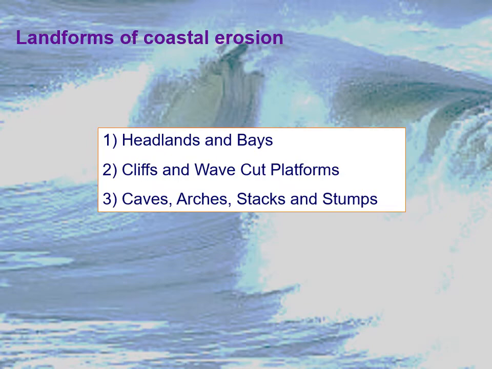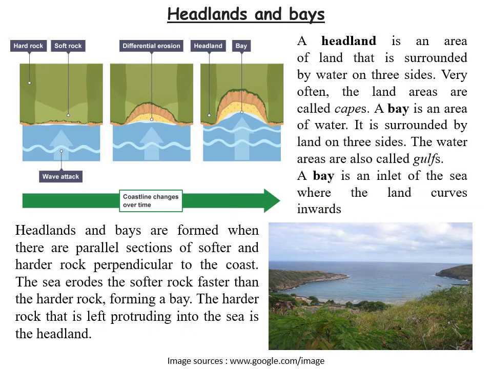Now I am coming one by one. So first is the headland and bays. Now you all know what a bay is. We are very much familiar with our Bay of Bengal. A bay is an area of water which is surrounded on three sides by land areas. If you see the position of Bay of Bengal, you may find these kinds of continental landmass surroundings.